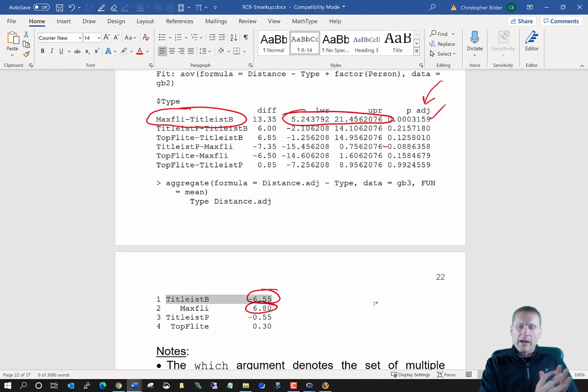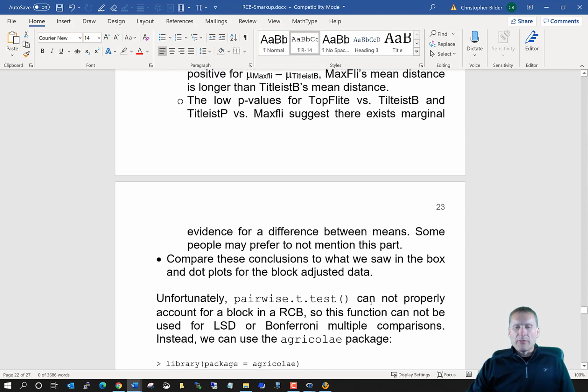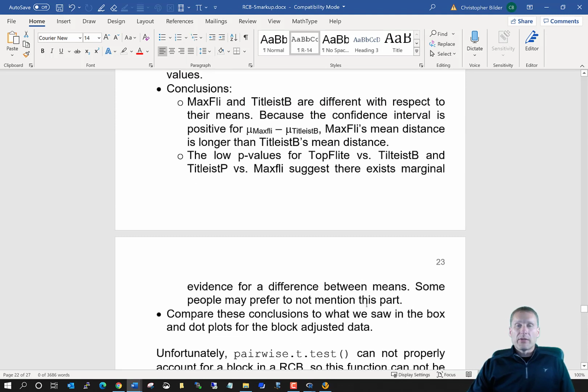I'm always taking max fly minus Titleist B, so since the interval is positive, max fly is greater than Titleist B. Or you could simply look at these adjusted means. Sorry, I kind of jumped around there. If I had a choice between those two, there's no question I would take max fly. We've also talked about some other low p-values, so we have some marginal evidence there. And make sure, as we've already done, to compare to those box and dot plots.